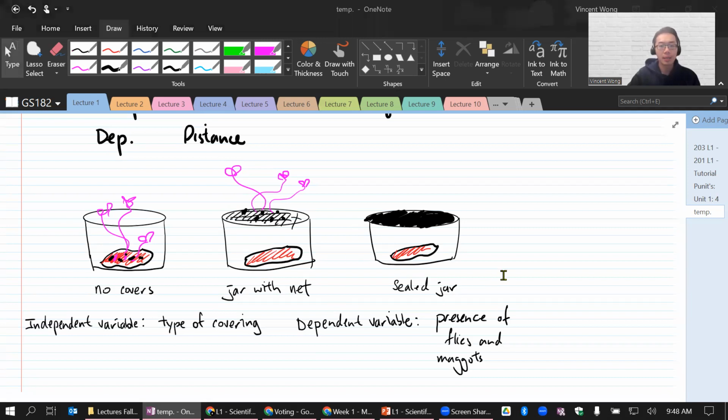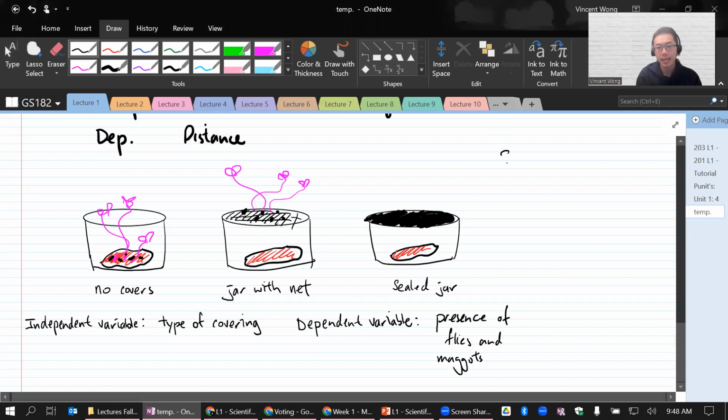Now I want you to think about standardized variables here. Okay, standardized. Just list them in the chat when you think of them. Standardized variables. What must he have kept the same for all three groups in his experiment for this to be valid? Okay, Tash said type of meat.